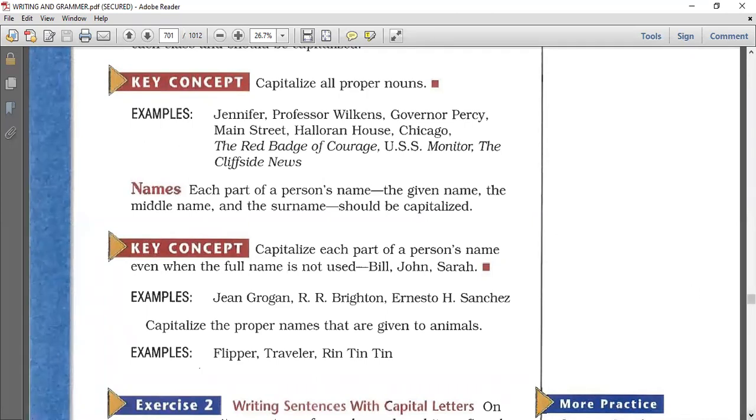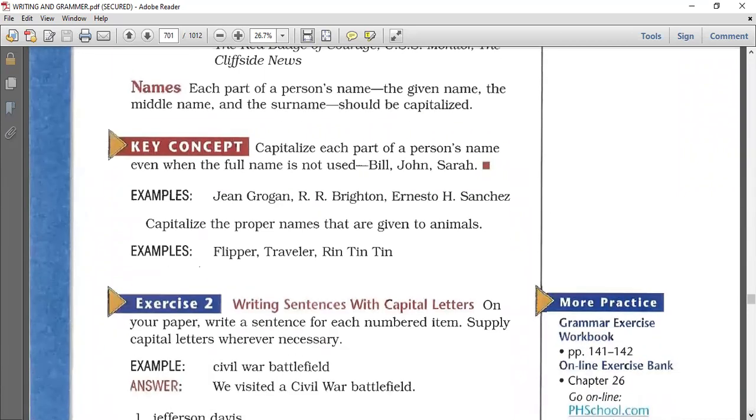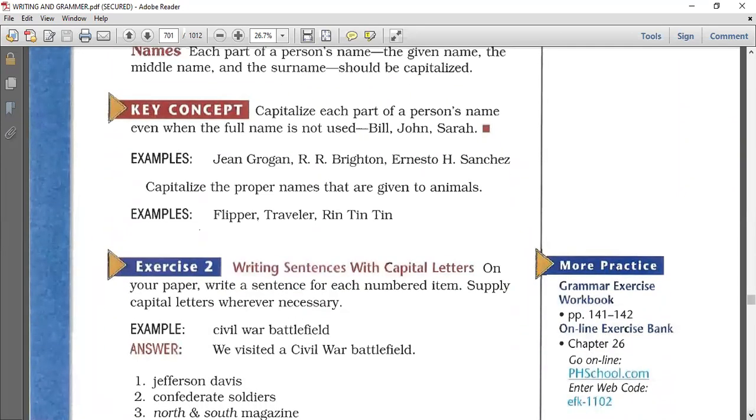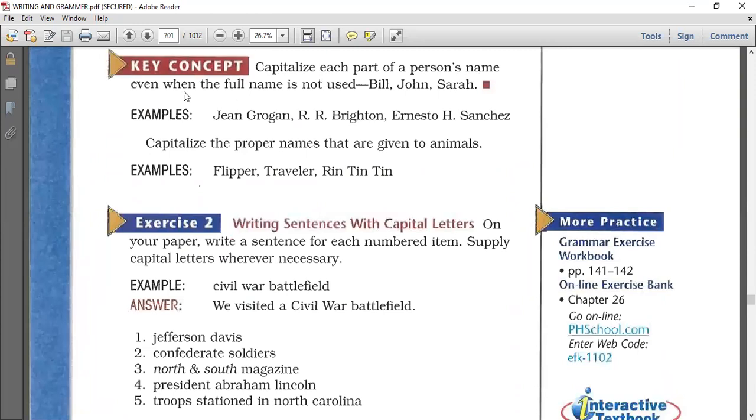All of them must be capitalized, the first letter, of course. Capitalize each part of a person's name, even when the full name is not used. We have Bill, John, and Sarah, Jean Grogan, R.R. Brighton, Ernesto H. Sanchez.